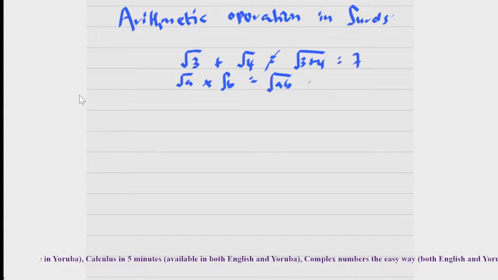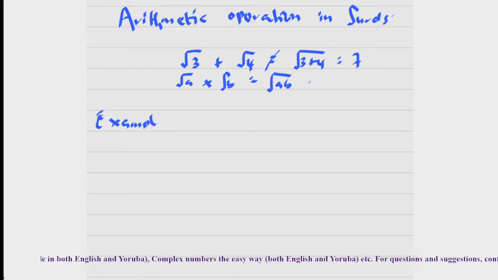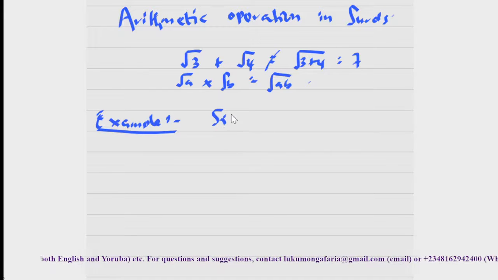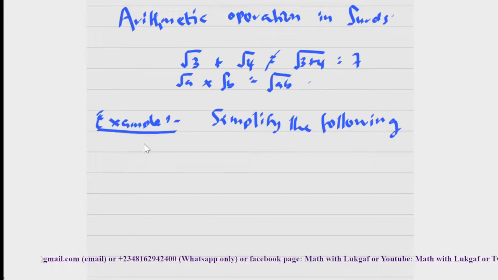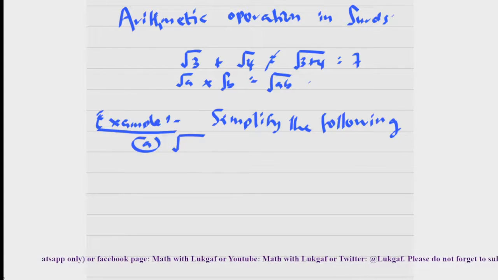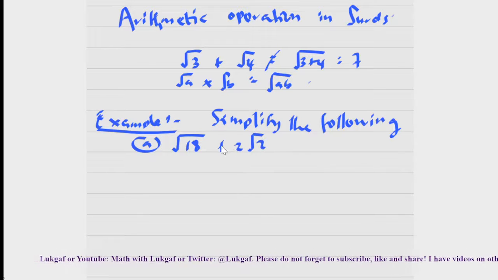Example, simplify the following. Number one, I have root 18 plus 2 root 2.